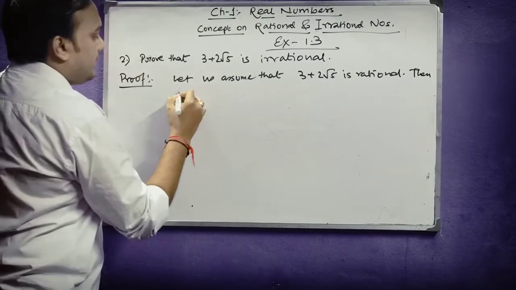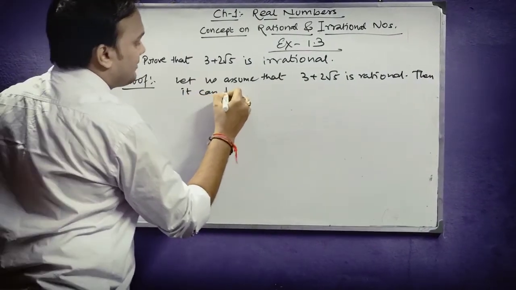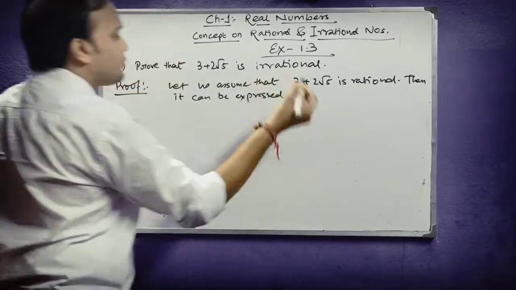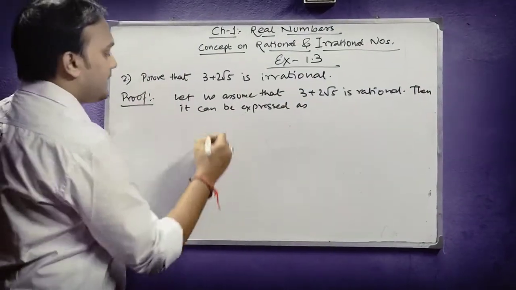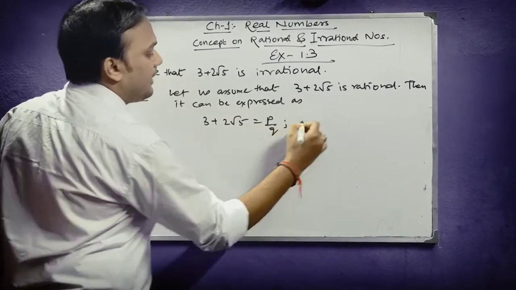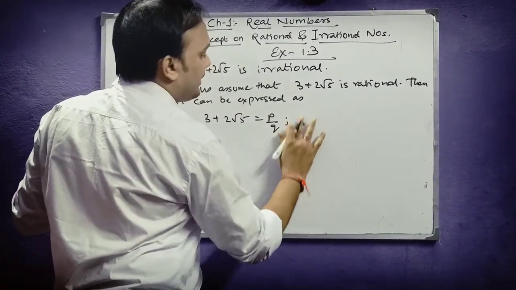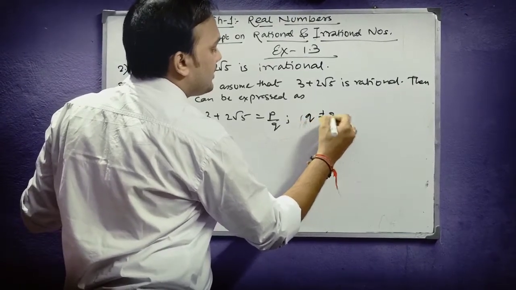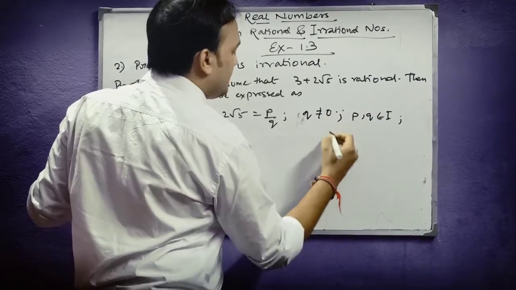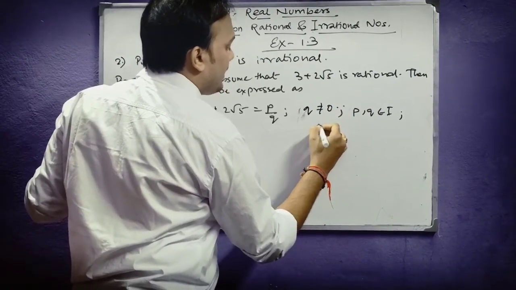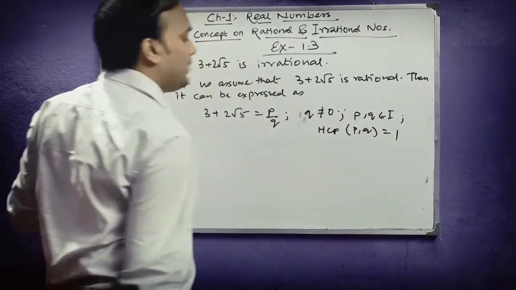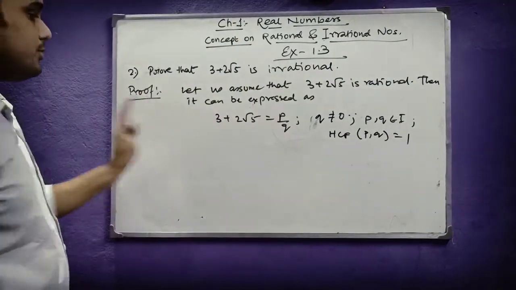Then it can be expressed as, if 3 plus 2 root 5 is rational, we can express 3 plus 2 root 5 equals P by Q, where Q not equals to 0, P comma Q belongs to integers, and P and Q are co-primes. That means HCF of P and Q is 1. So this is the condition which needs to be followed.